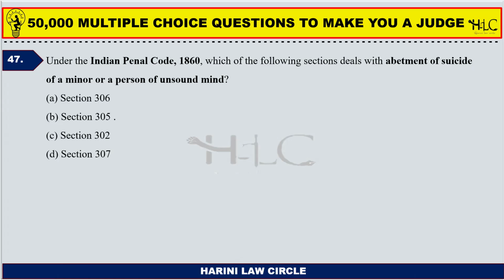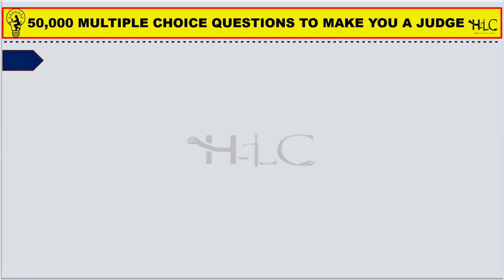So the Indian Penal Code does not specifically say lunatic. It says unsound mind in this provision. So you force someone to, or you abet someone, or you instigate someone to commit a suicide. So this provision comes under section 306, 305, 302, or 307. So this is under section 305 of the Indian Penal Code.